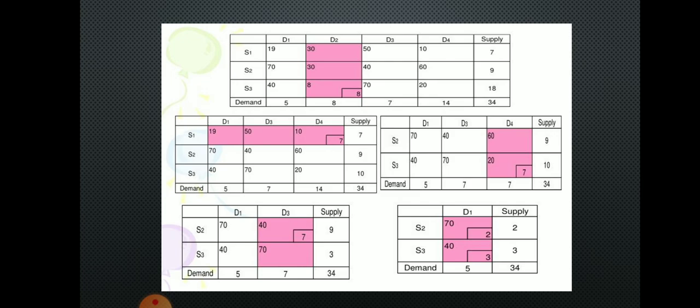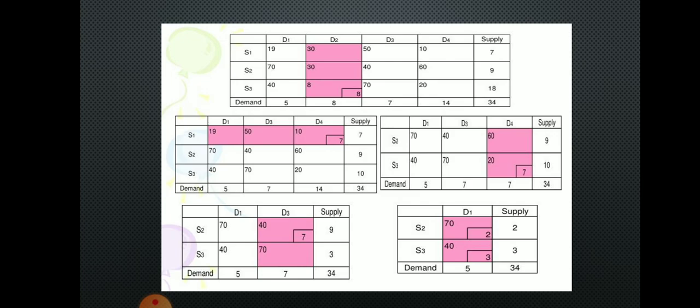So we should strike out the demand two column, and the next minimum value in this table is 10. Here we subtract demand and supply, 14 minus 7 is equal to 7. So we should strike out the supply one row. Like this we should continue this problem till we reach the optimal solution as 0.